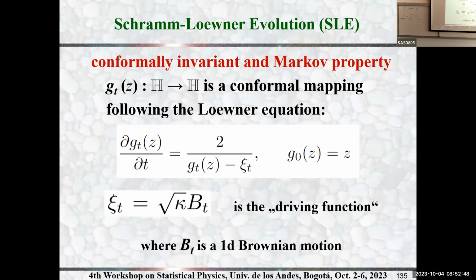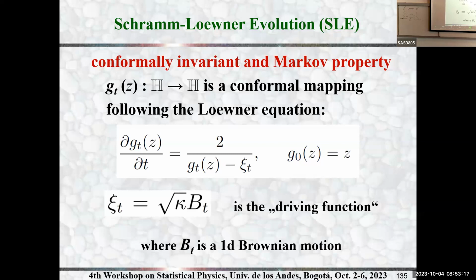So the mapping is not a fixed mapping between two models. It's a mapping which changes all the time according to this differential equation, which was first formulated by Loewner at the beginning of the last century, around 1930, and was rediscovered and reused by Schramm in order to describe this kind of mapping.